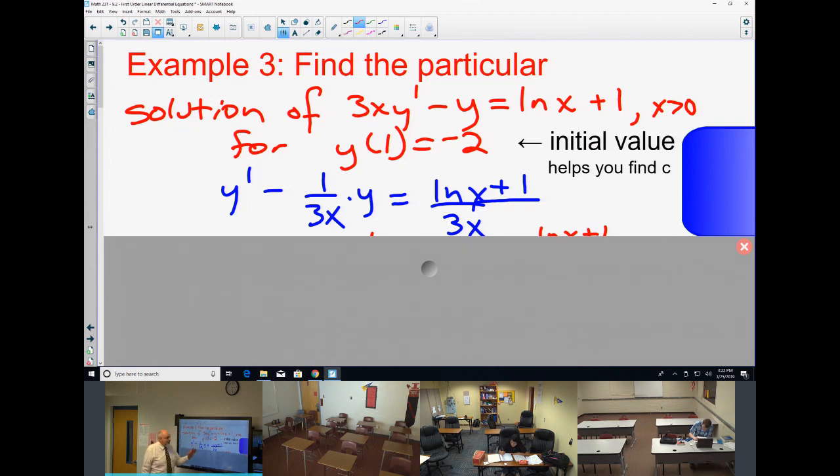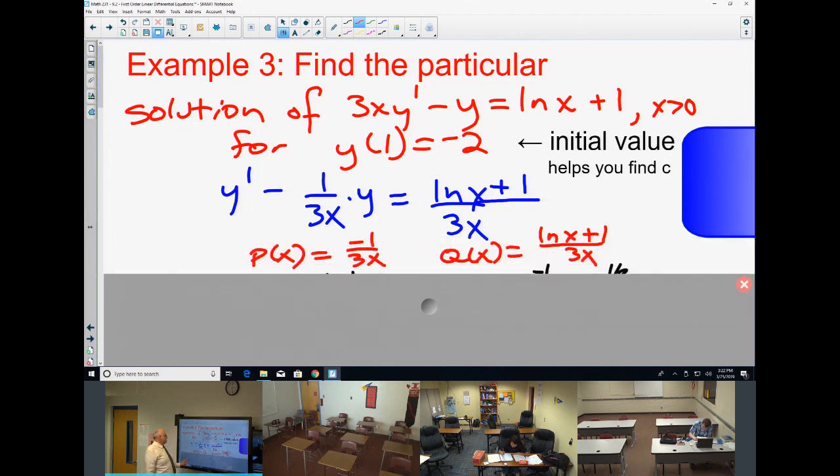Okay, so that's my standard form. So the p of x is negative 1 over 3x. The q of x looks pretty complicated. Natural log of x plus 1 over 3x. So we'll see how complicated it really is. Okay, so any questions on standard form, p of x, or q of x?